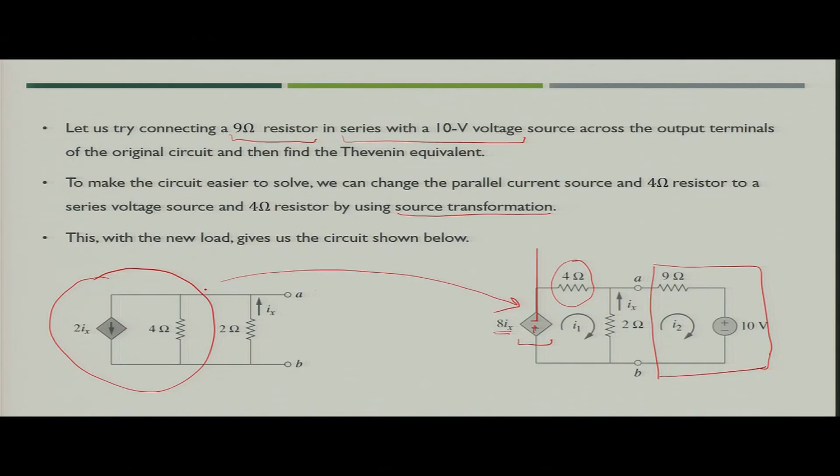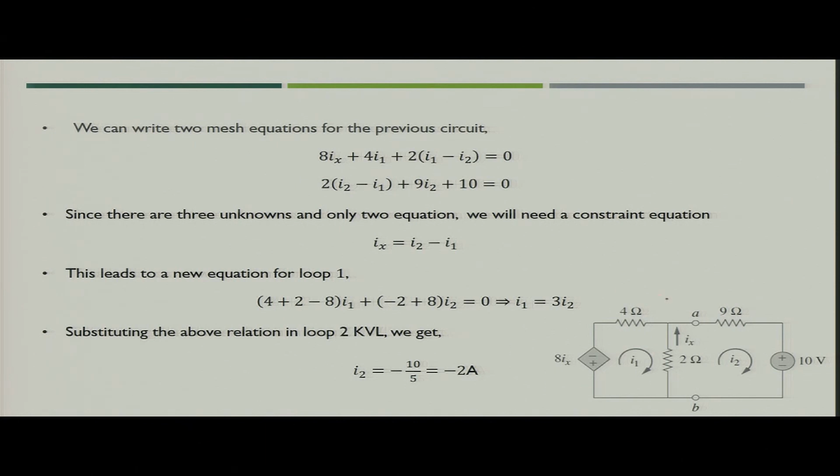Then you add the 2 ohm resistance in parallel again, and this is the load component which you have connected at terminals A B. So, the updated circuit would look like this.